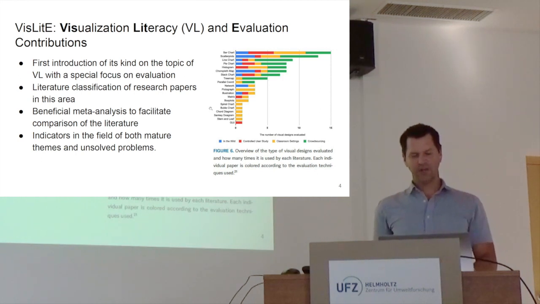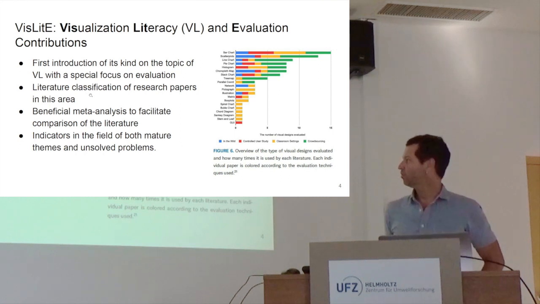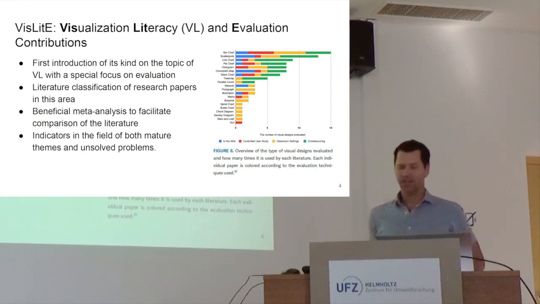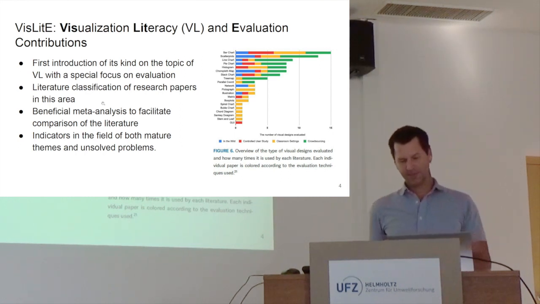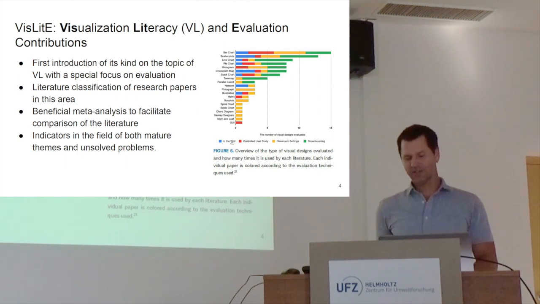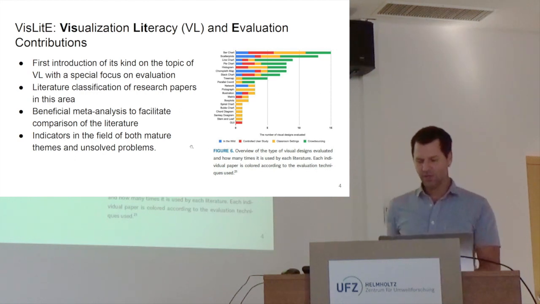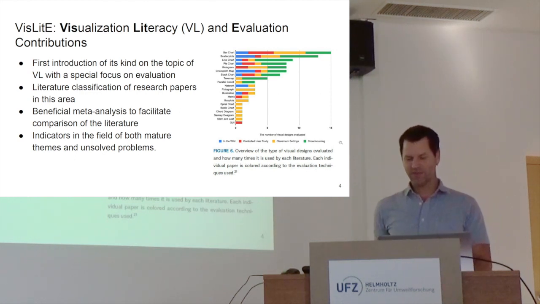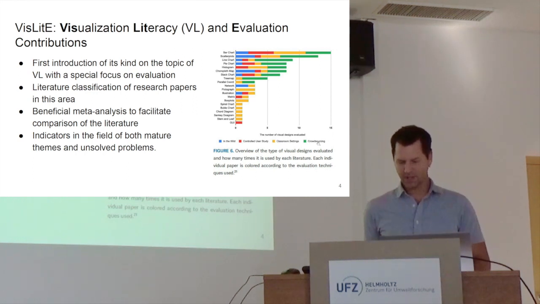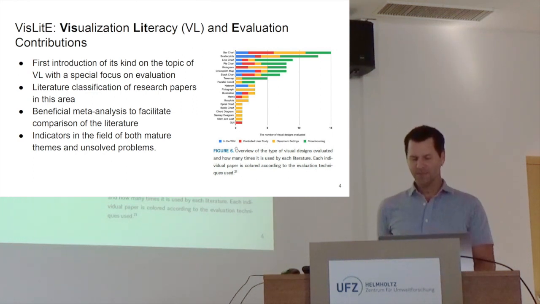So we offer a unique and novel classification of the research papers in this area, and it's based on, surprise, surprise, the type of evaluation that is conducted in the literature. So we have 4 different styles of evaluation, which we're going to discuss. So-called in the wild, controlled user studies, classroom-based settings, and then crowdsourced settings.